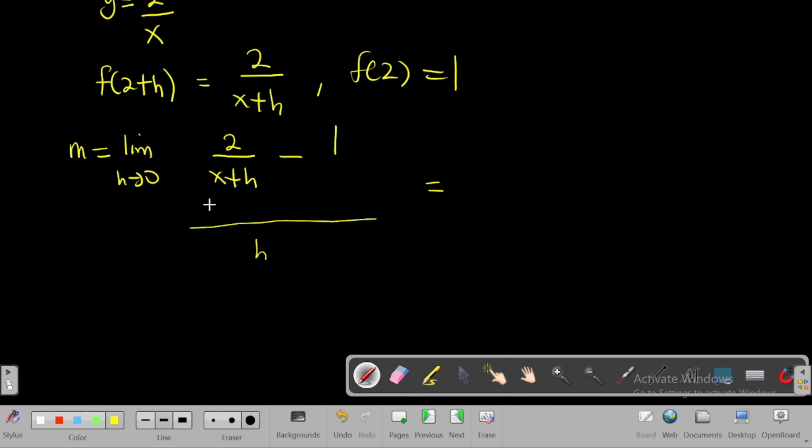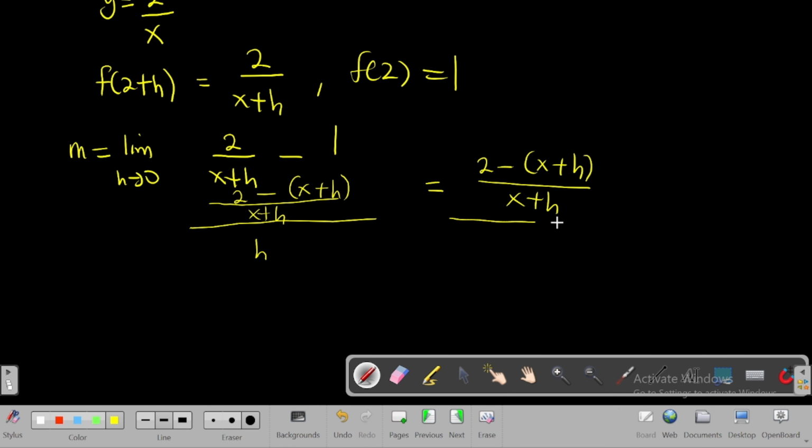Our LCM is x plus h. Then x plus h cancels x plus h, we are left with 2 minus 1 times x plus h. So now we get 2 minus x plus h, all over x plus h, all divided by h, right?